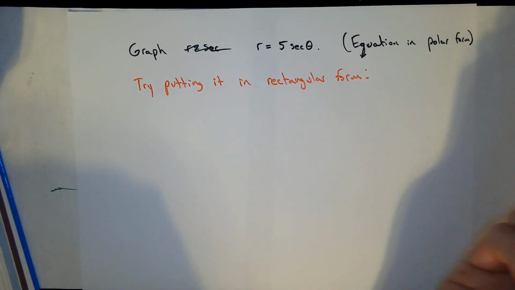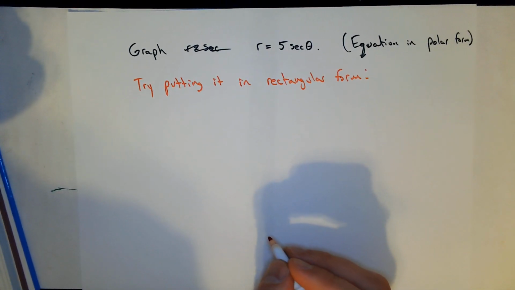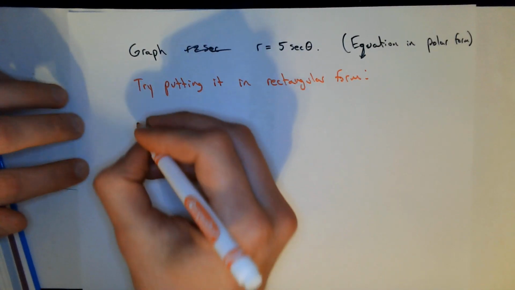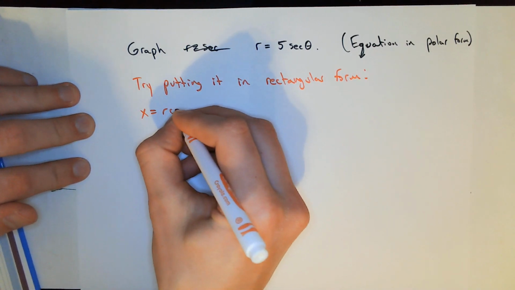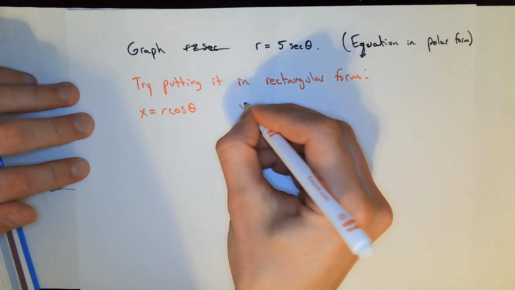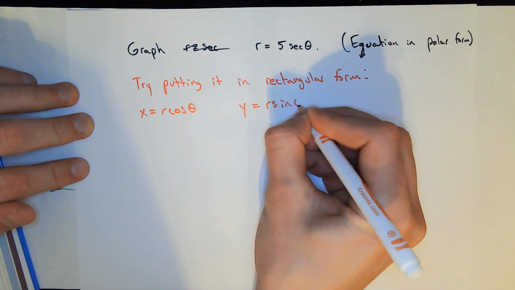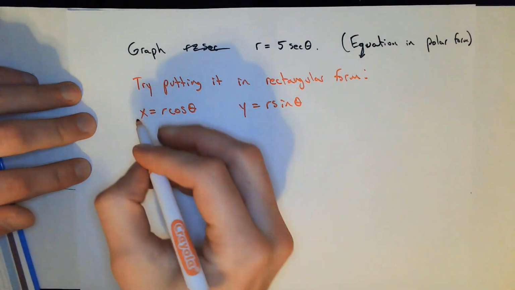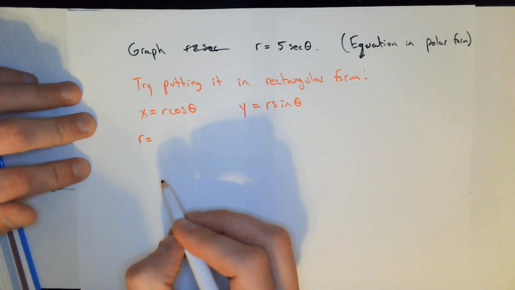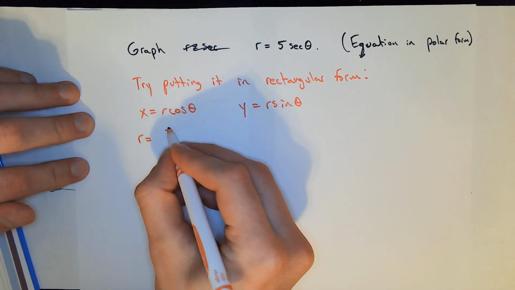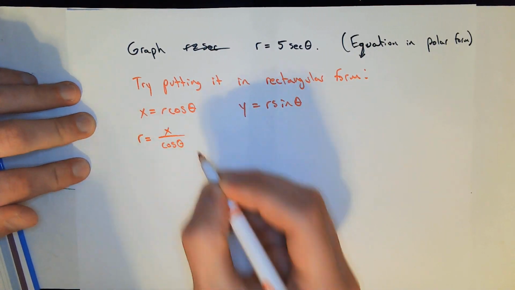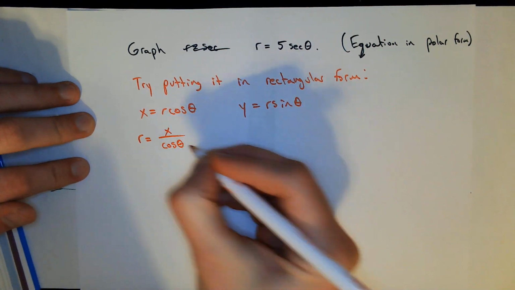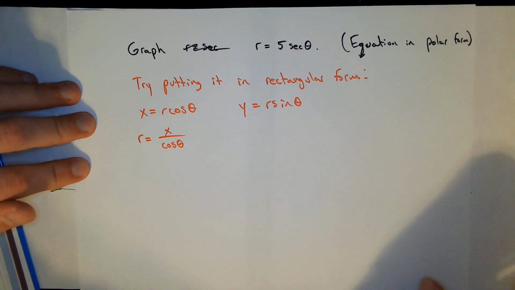Well, what do I know? x is equal to r cosine theta, and y is equal to r sine theta. Why is that helpful here? Well, look at this. r then is equal to x over cosine theta. So what if I just shove that in for r? And then I'm going to try to get rid of all the trig functions.